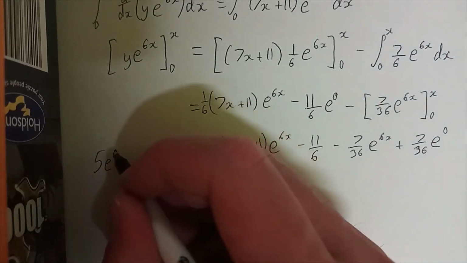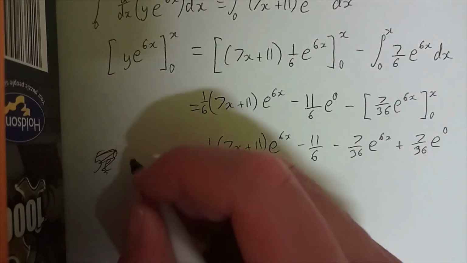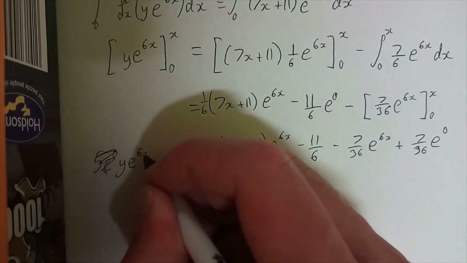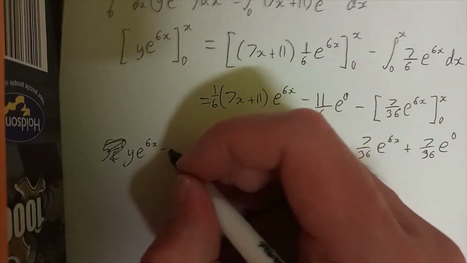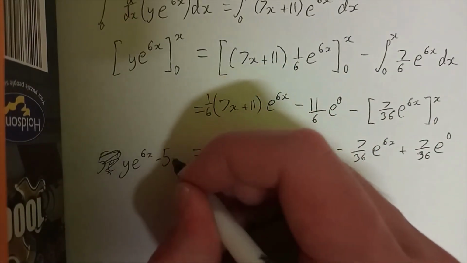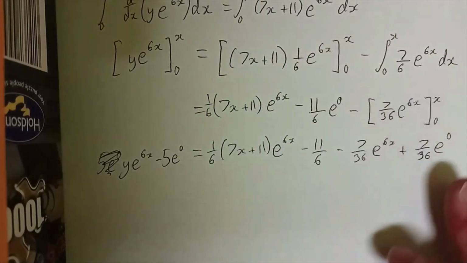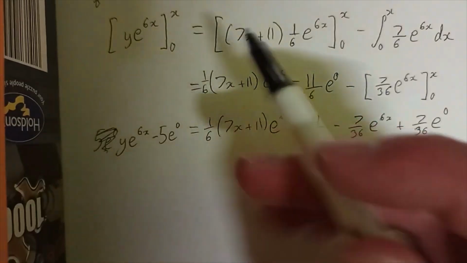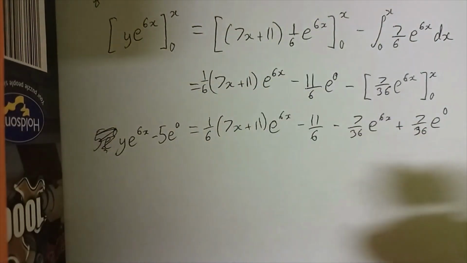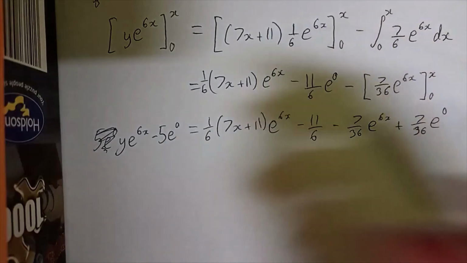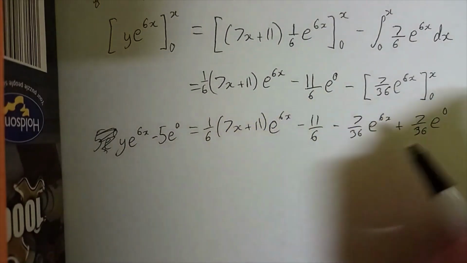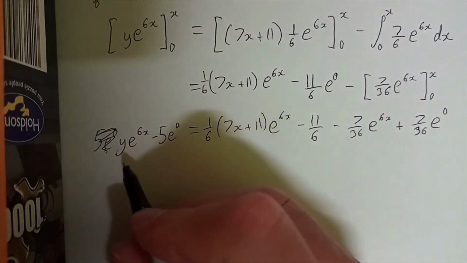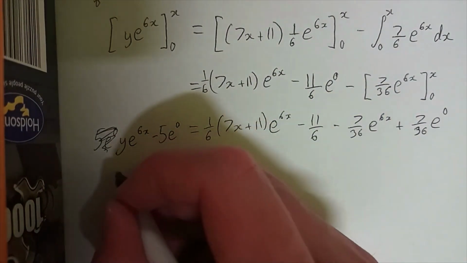We've got y e to the 6x minus 5 e to the 0. And then we can simplify this expression. Both the left and right hand side can be simplified.